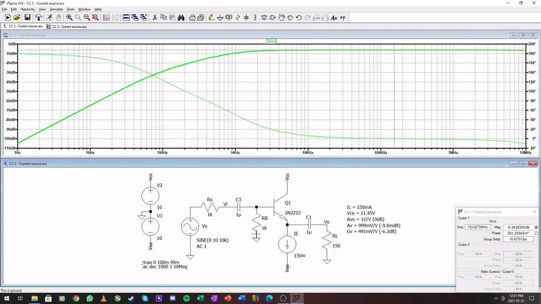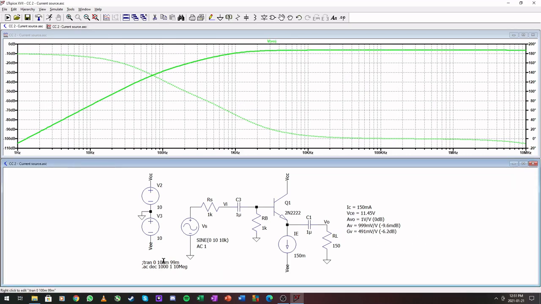Looking at these values, because this is a 1K input and a 1K, and that's half the value, and it brings us to -6.2 decibels in the calculations, simulation, sorry, -6.3 dBs. Okay, so here we have our current source, and it's working quite nicely.